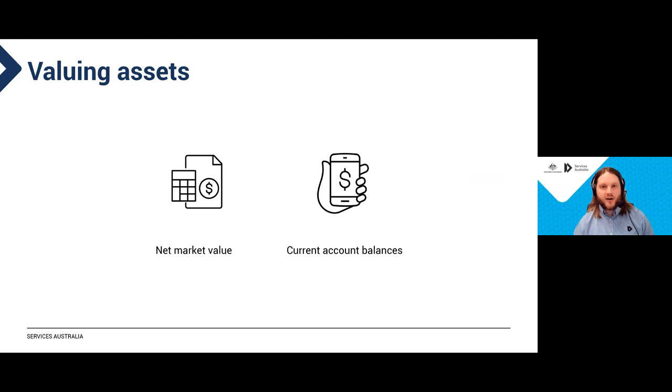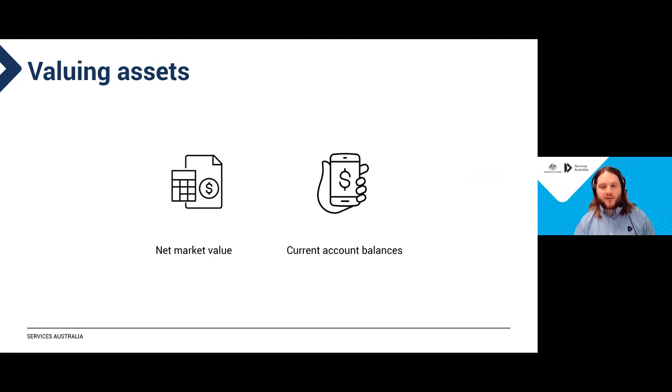Because we go off the current market value, we won't look at your insured value or any formal valuations. We're looking at what your estimate would be if you had to sell the asset to support yourself here and now. When we have a look at real estate investments, we'll either accept your estimated value, or sometimes we might arrange for a valuation to take place at our own cost to determine its value.